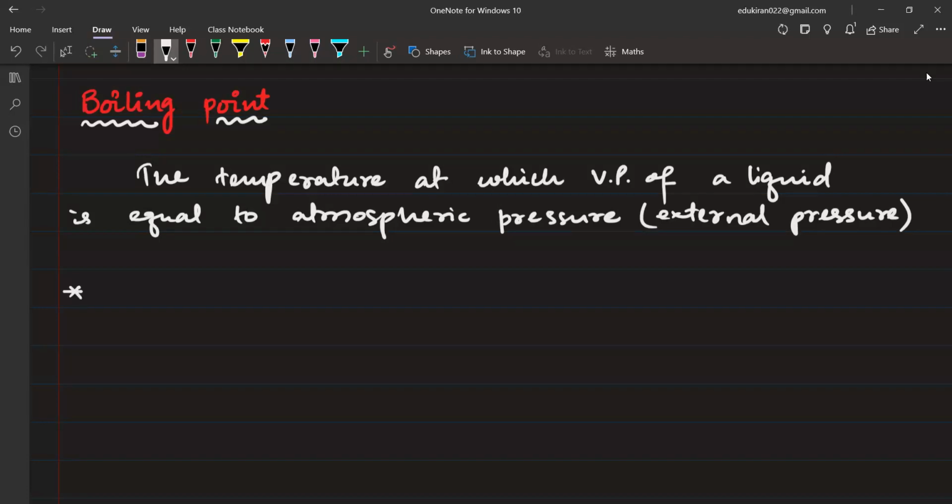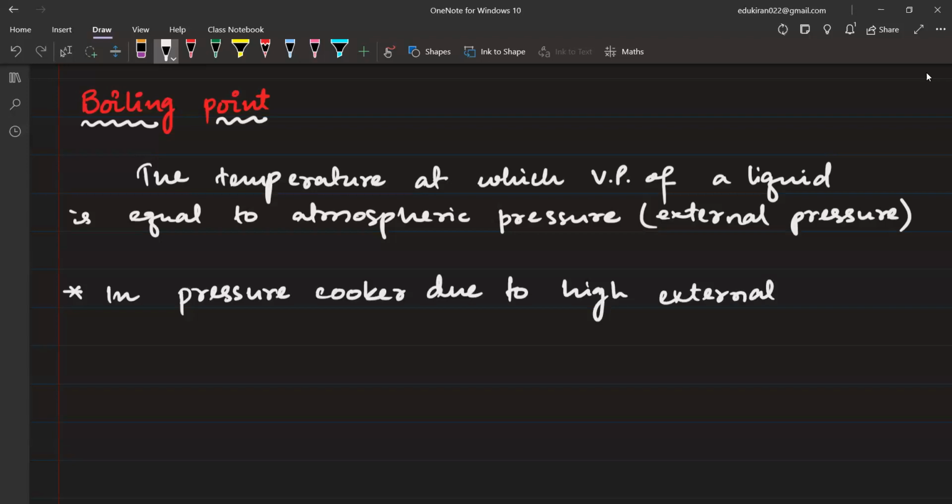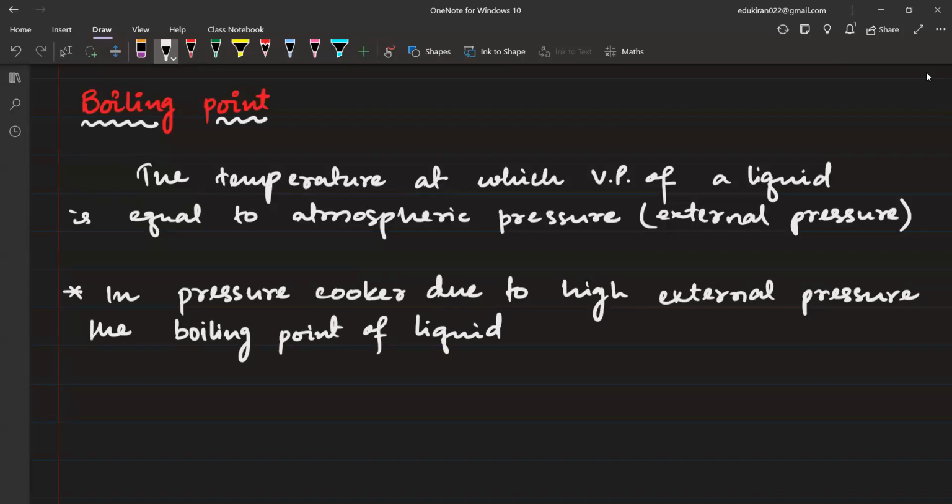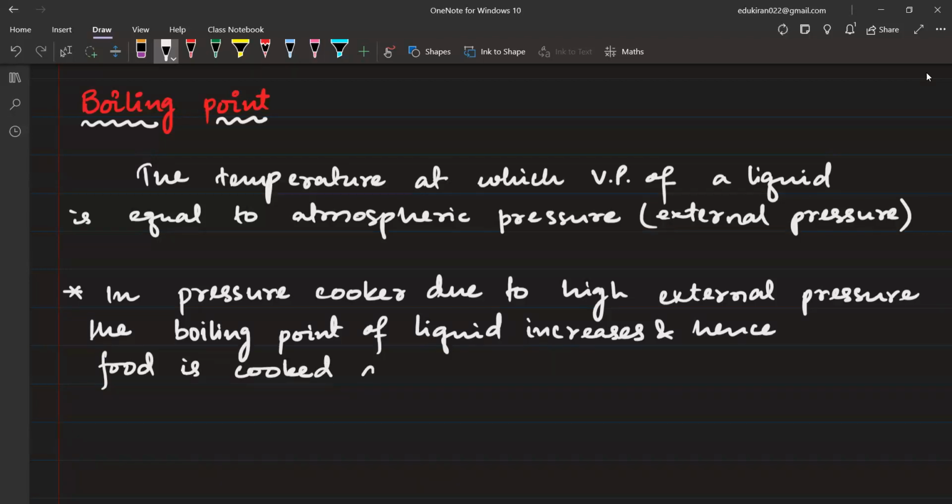And that is why you will write here in pressure cooker: due to high external pressure, the boiling point of liquid increases, and hence food is cooked quickly at higher temperature.